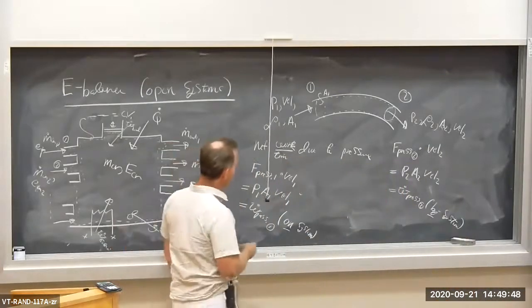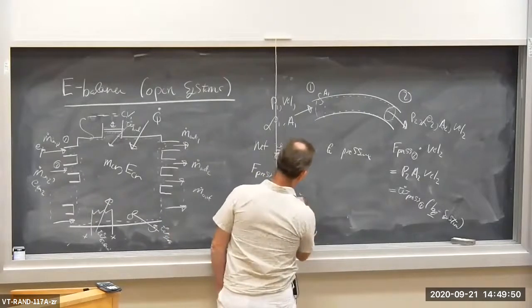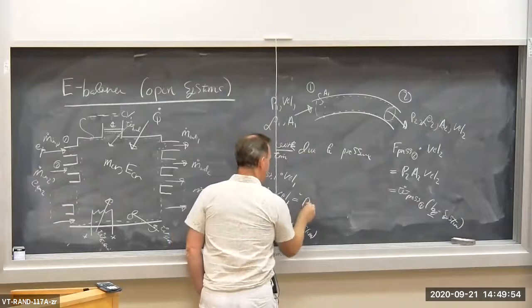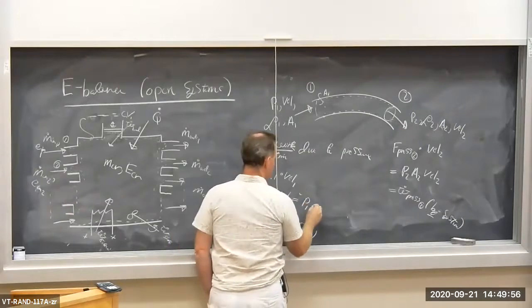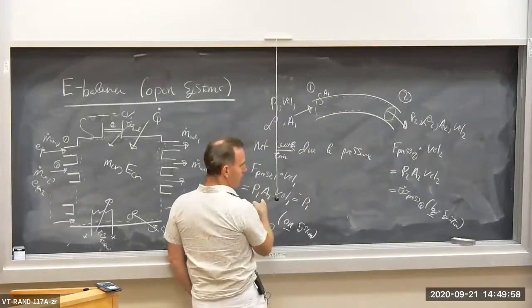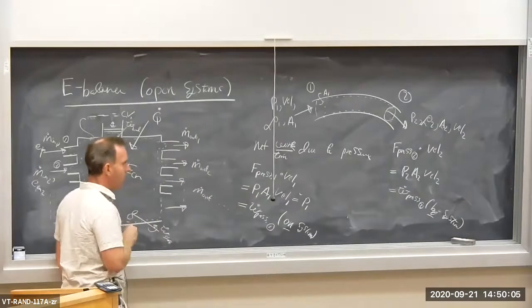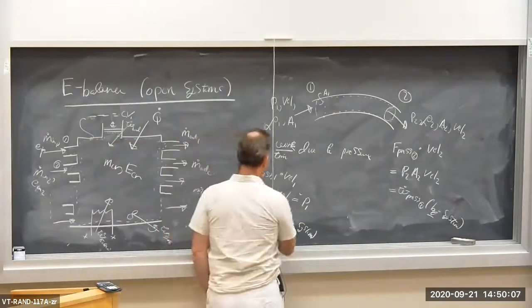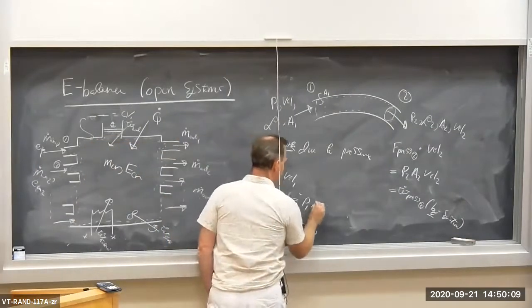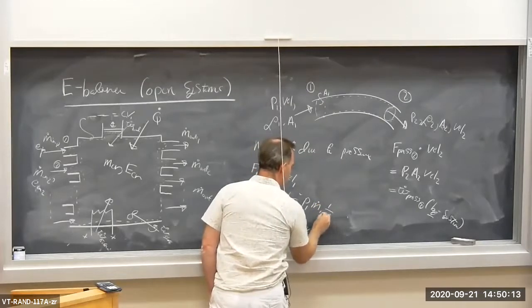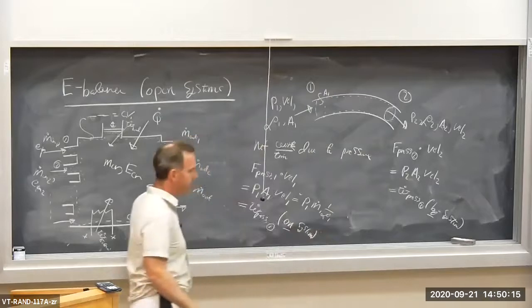So I'm actually going to write one more line here. P1, and I'm going to multiply both sides of the equation. Divide and multiply this term by density, and I'll end up with an m dot. So I have m dot 1, and then I have a 1 over density 1.